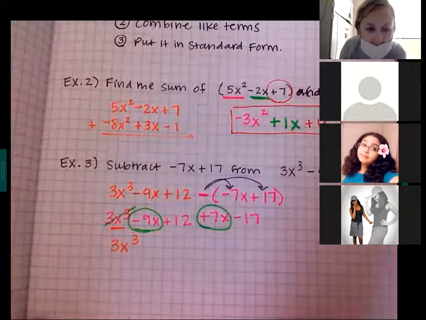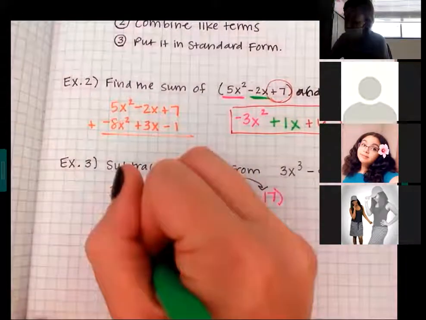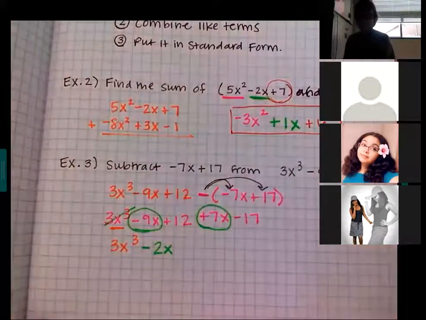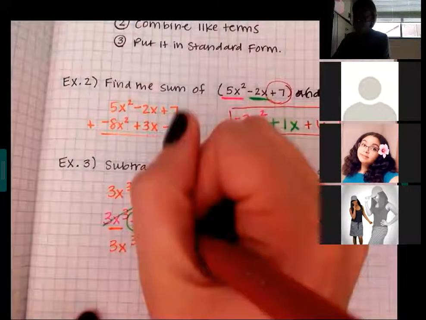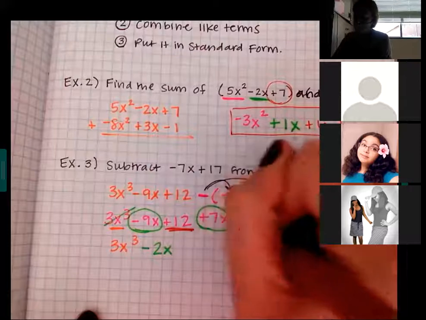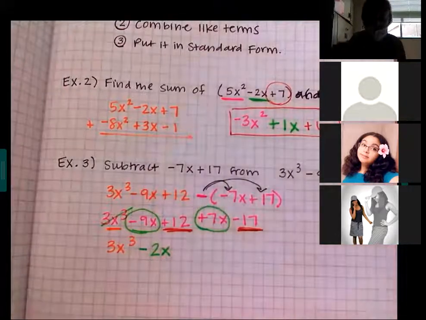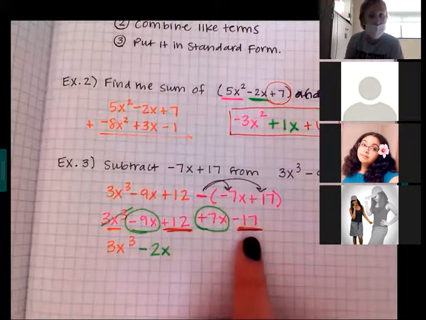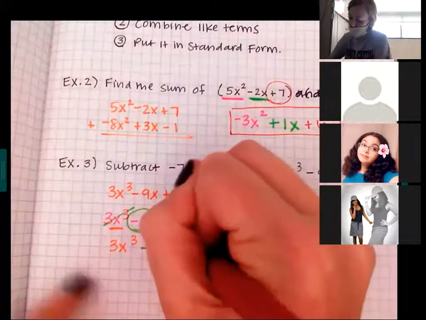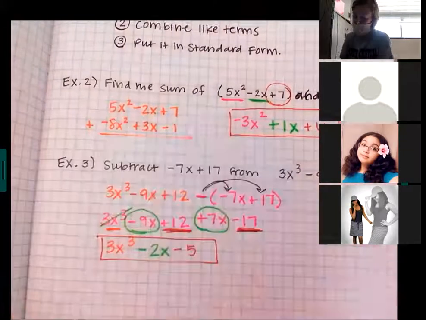What does that give us? Negative 2x. And then what are the last things we have to combine? What are these called? Constants. Good. Just the numbers. So y'all, what's 12 plus negative 17? Very good. So y'all are okay with that?